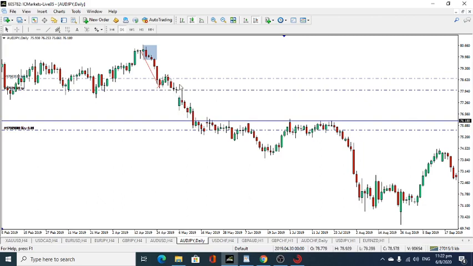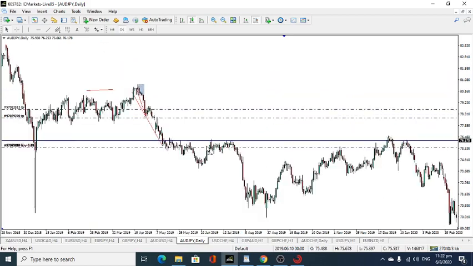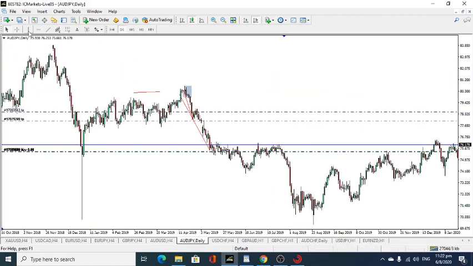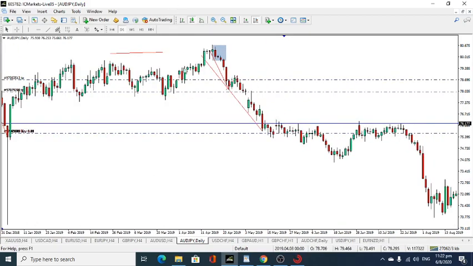Before this downward movement comes about, previously on the left side here, you can see a downward move from above. So in this case, a continuation.